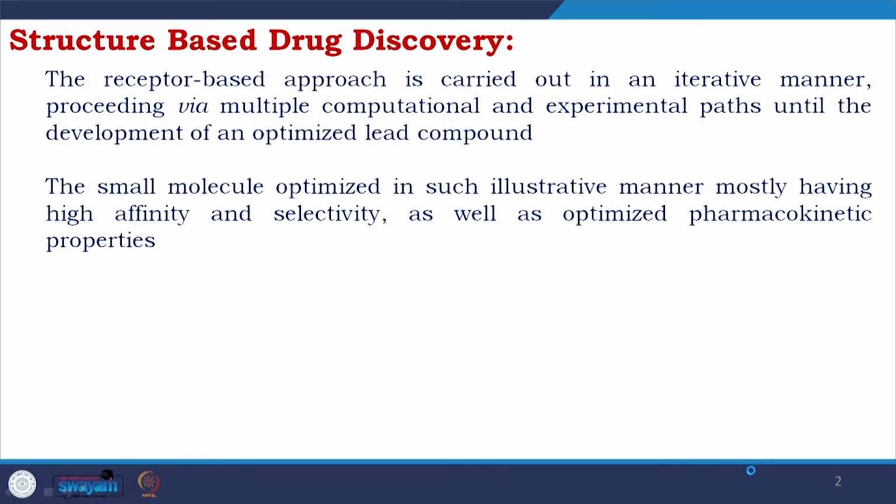So, you call it structure based drug discovery, but the best way to call it is computer assisted structure based drug discovery. The small molecule is optimized in such an iterative manner, mostly having high affinity and selectivity, as well as optimized pharmacokinetic properties.